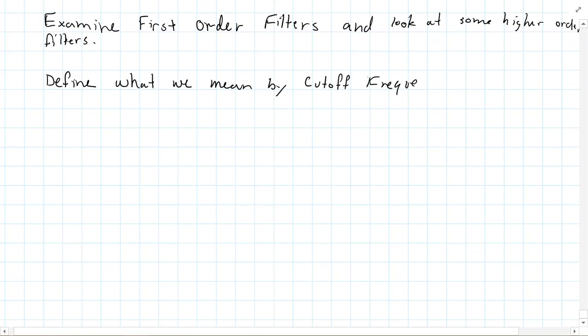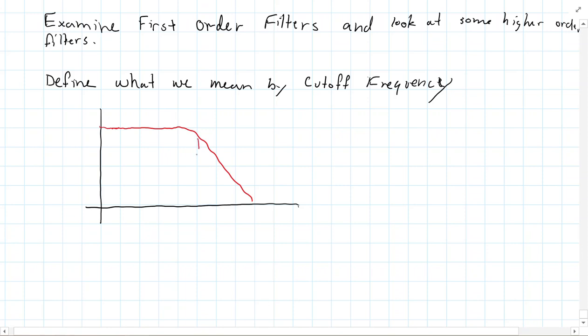The short answer to this, which we'll go into the details on why we choose this, is if I'm looking at a low-pass filter, and I say here's the cutoff frequency, and this is 0 dB, this corresponds to minus 3 dB.